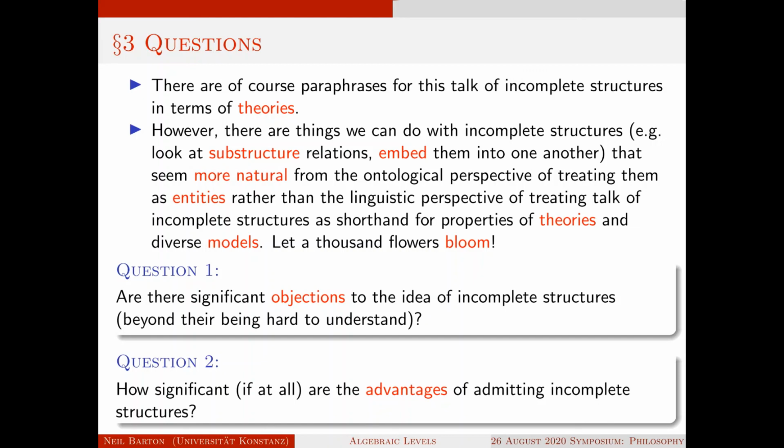The second question is very closely related. How significant are these possible advantages of admitting incomplete structures? So if I admit incomplete structures, do I suddenly obtain a whole bunch of mathematical insight? If that's the case, then that would be a strong point in their favor.